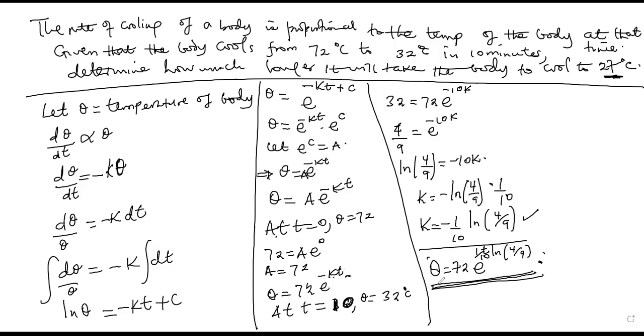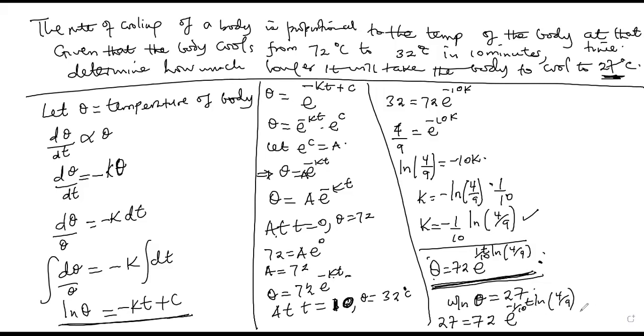So that one will give us our theta as this, but then we need t because they have given us temperature. So when theta is equal to 27, it means that here we shall have 27 is equal to 72 e power negative 1 over 10 t ln 4 over 9. However, someone can use that approach of bringing in the values here so that we substitute for c without going this far.